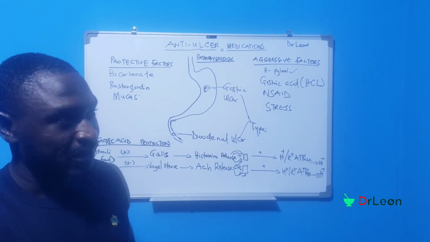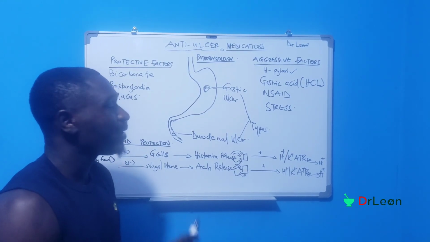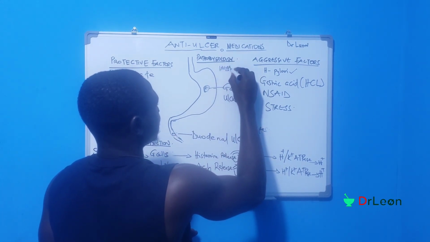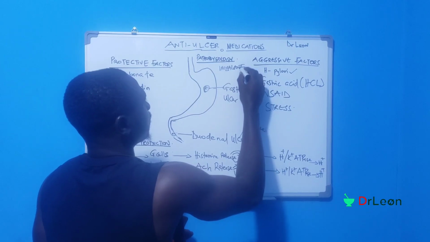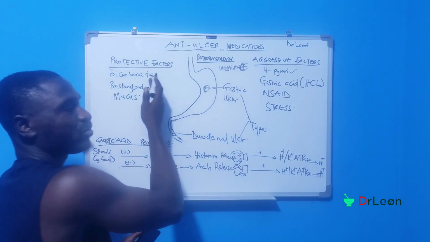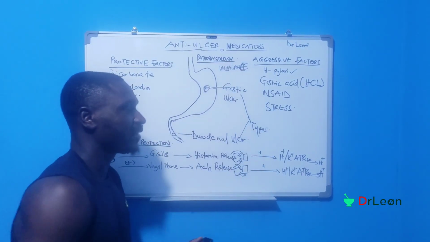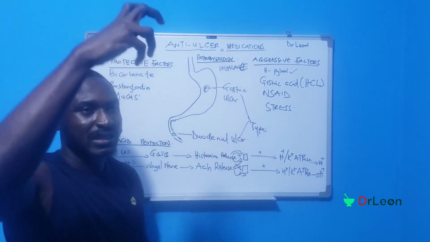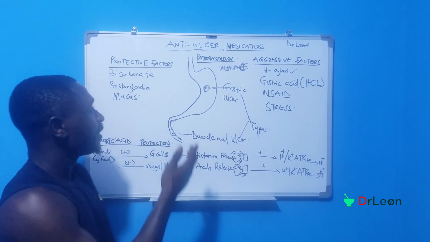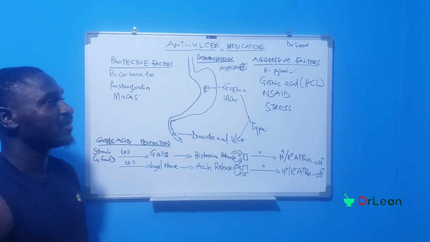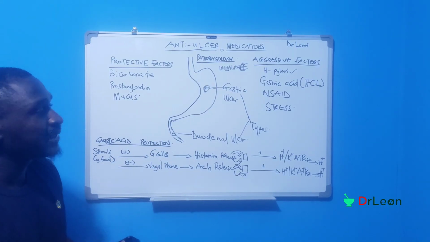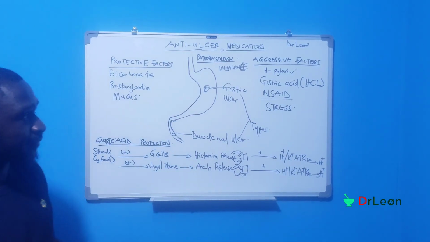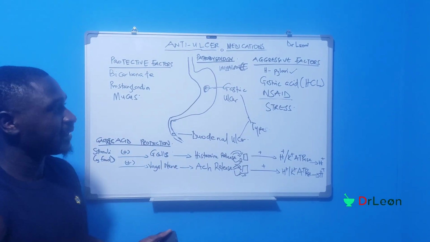So how an ulcer actually comes about, the pathophysiology is simple. Whenever there is an imbalance between the protective factors and the aggressive factors. So anytime the aggressive factors are higher as compared to the protective factors. For example, when someone takes in NSAIDs continuously, that's an aggressive factor.